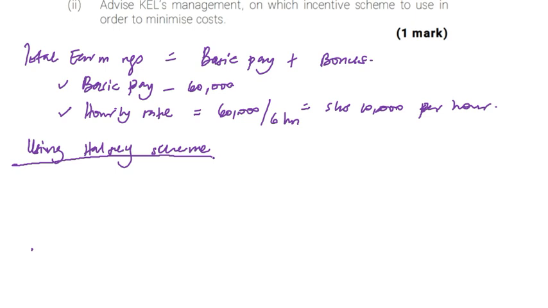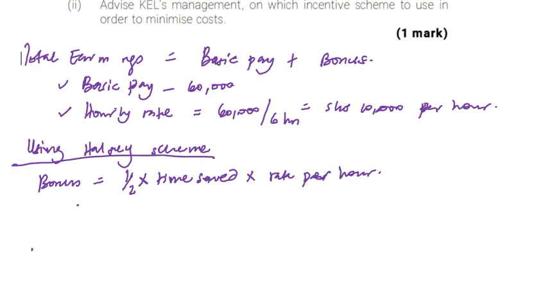Now, according to the Halsey scheme, bonus equals a half times the time saved, then times the rate per hour. So our bonus will equal a half, that is 50%, times the time saved.